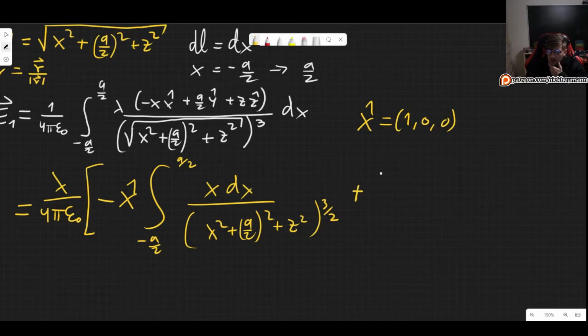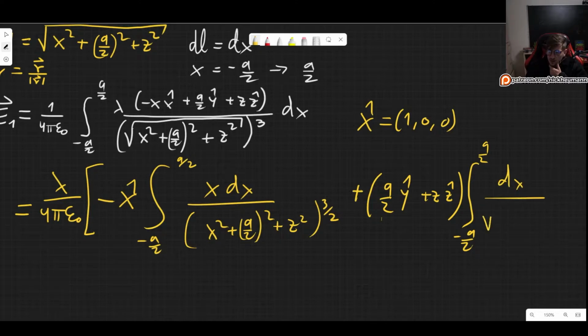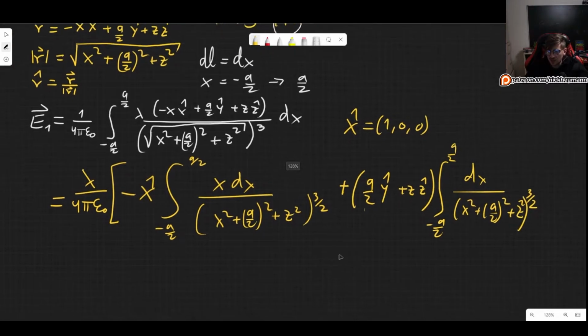Okay, so then we have the integral of all the things that do not include an x. So a over 2 in the y direction plus z in the z direction. And then we integrate from minus a over 2 to a over 2 of dx divided by the same thing as before. So x squared plus a over 2 squared plus z squared to the 3/2. Okay, so these are the two integrals that we need to solve.